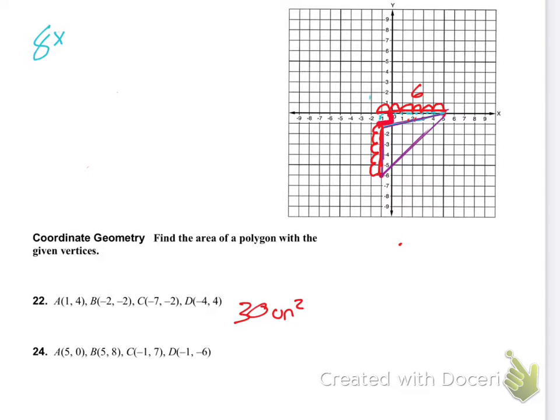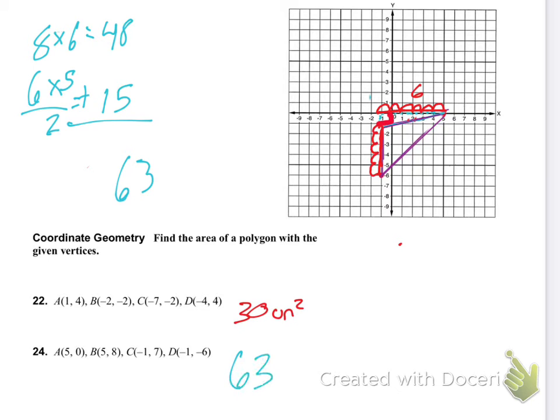So in my first one, I did 8 times 6, which is equal to 48, and that's fine. And then in the second one, I have to do 6 times 5 over 2. 6 times 5 is 30, divided by 2 is 15. So then I take 48 and 15, and I get 63. So this one would be 63 units squared.